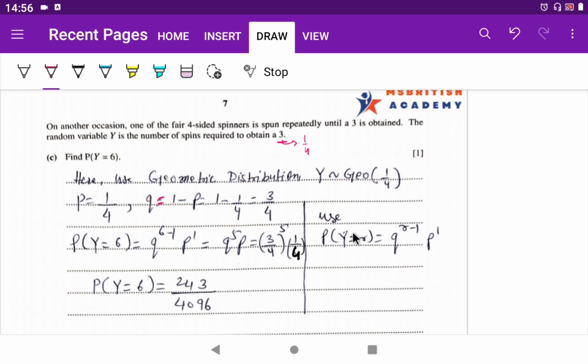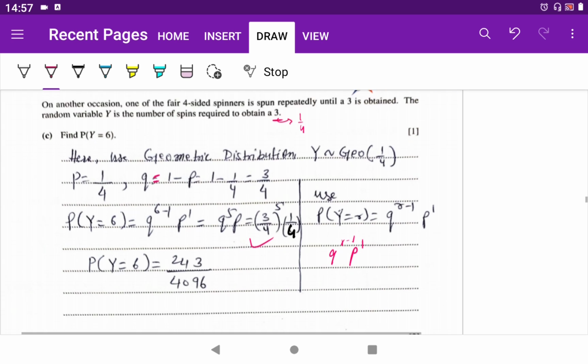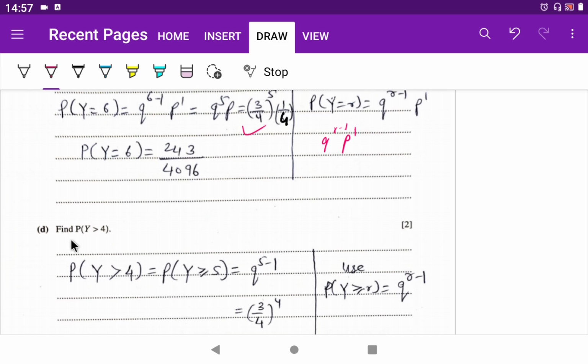So we can use it here, and we will get q^5 p, (3 upon 4)^5 and 1 upon 4. After calculation we get 243 upon 4096.